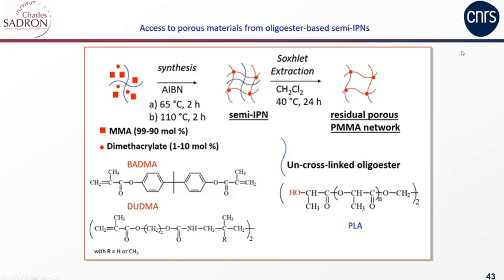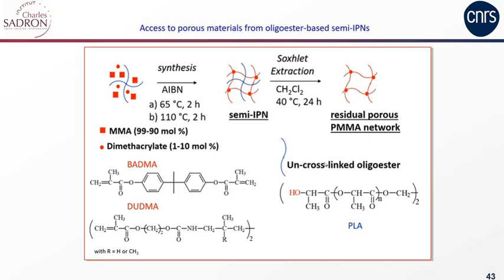So now let's see how we can get access to porous networks from oligoester-based semi-IPNs. So here in this case, we copolymerize methyl methacrylate with a dimethacrylate. Here we generated a semi-IPN in the presence of oligoesters, so PLA oligoesters.